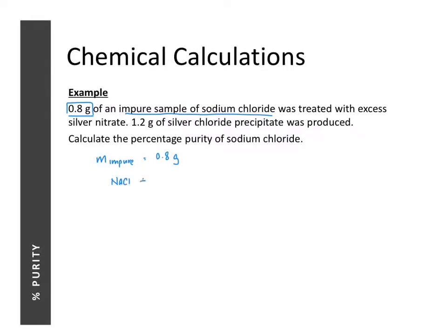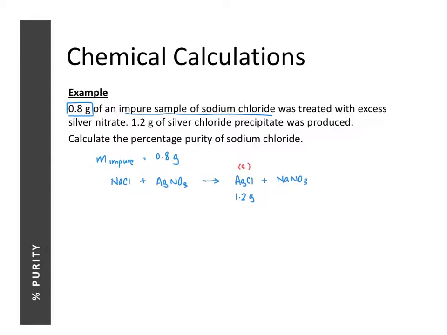Sodium chloride, when you react with silver nitrate, it will actually produce silver chloride. This is actually a salt, an insoluble salt. Now how do we know that it's an insoluble salt? Because all chlorides are soluble except for silver and lead. Okay, the question also described that you have 1.2 grams of silver chloride.